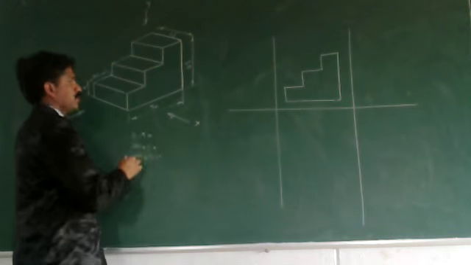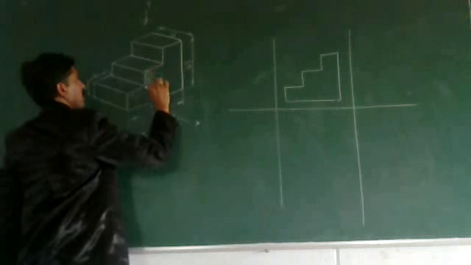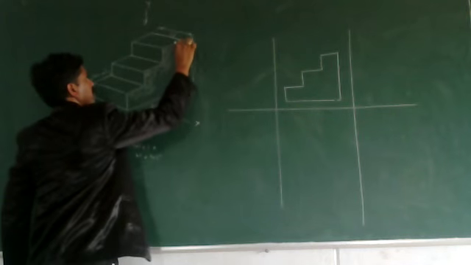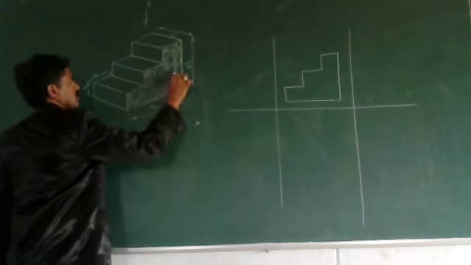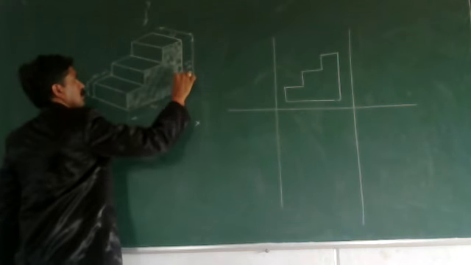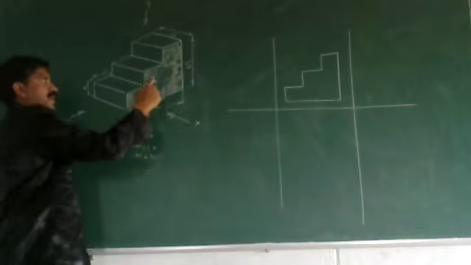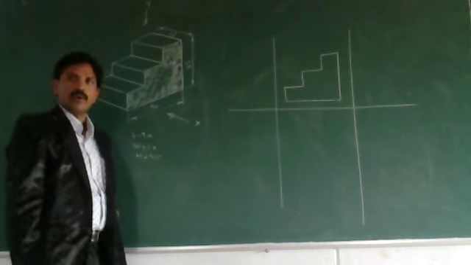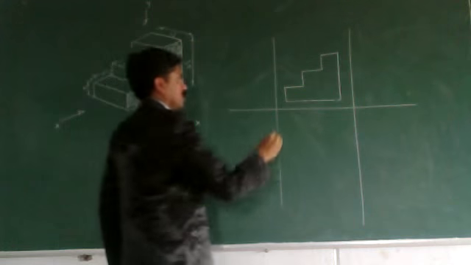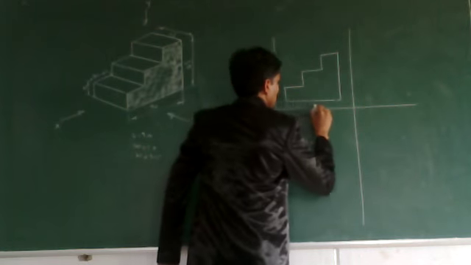Is it right? Yes. If you have any doubt, please check here. Shade this area. So is the shaded area as per the shape or not? Yes. Okay, and then concentrate on the dimensions. That is series one.